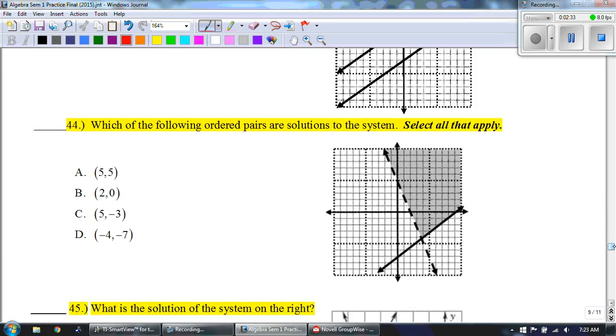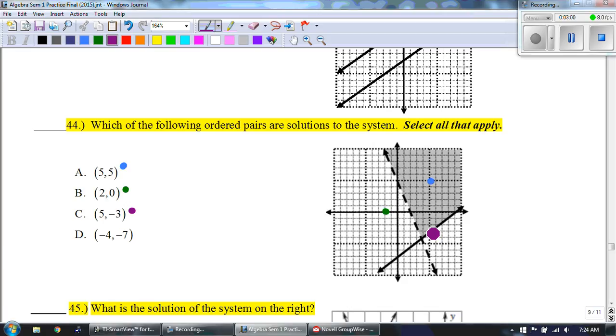All right, 44, which of the following ordered pairs are solutions? Select all that apply. So what we have to do is go through and plot each one. So 5, 5 works. -2, 0, nope. 5, -3.